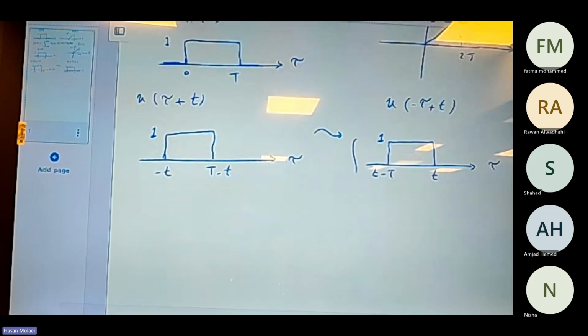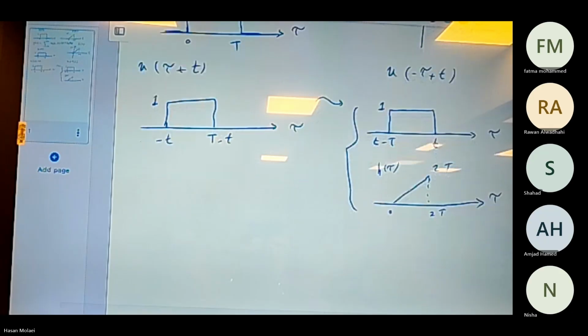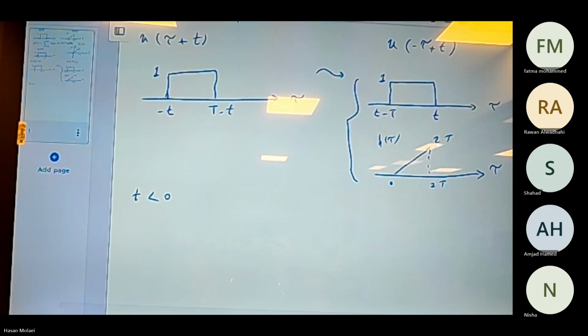So I have x of t, I should multiply that by h of tau. If t is smaller than 0, here tau equals 0.